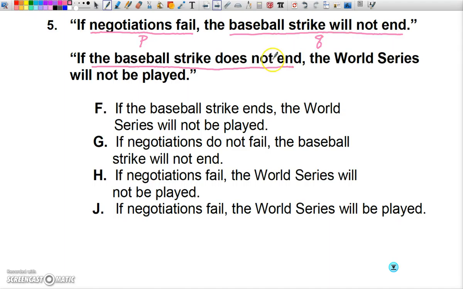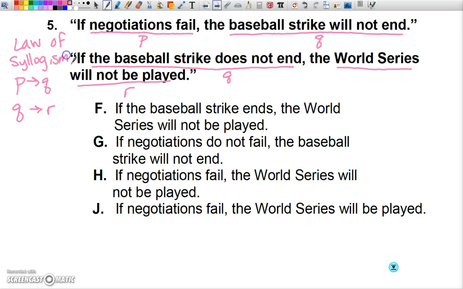Well, that's the same thing, it's just a little bit different wording, but it's saying that the strike isn't going to end. So that's Q again. And then we have the World Series will not be played, which would be R. So what we've got is P implies Q, and then we have Q implies R, which is the law of syllogism. Okay, so what that means then is our third statement, we need to use P again and implies R.